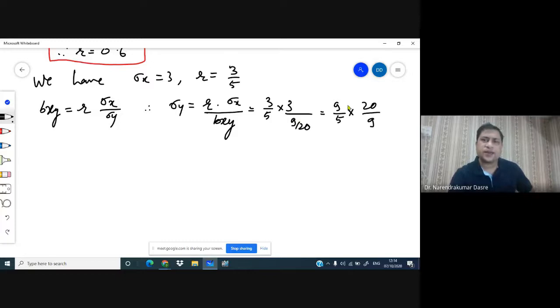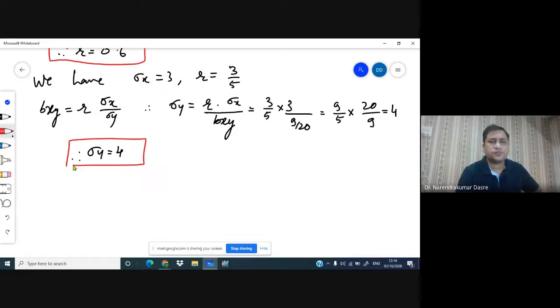And hence 9 will get cancelled and this is going to be 4. So we got sigma y is equal to 4. So this way we got sigma y.